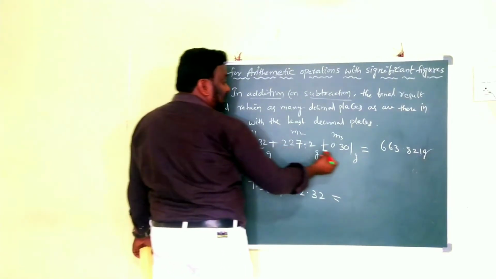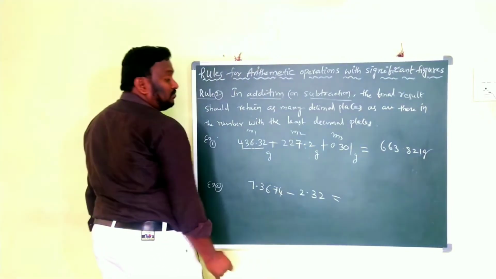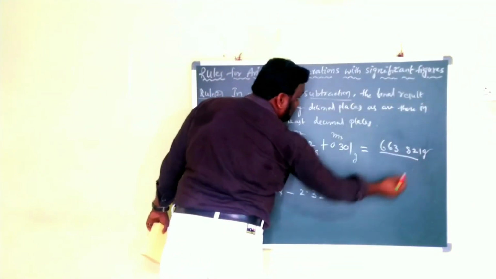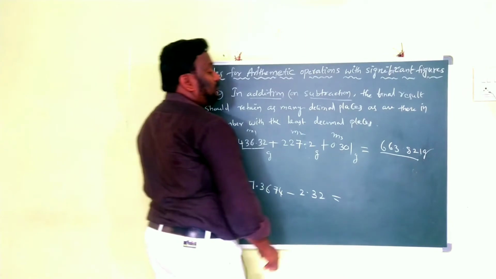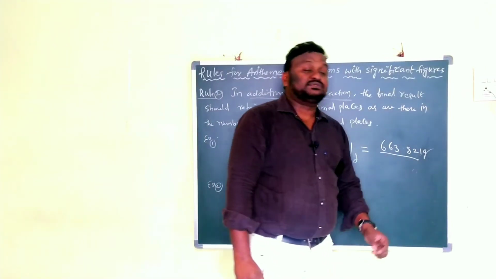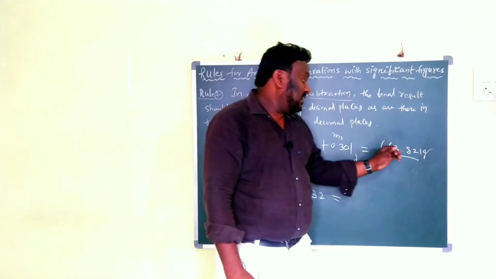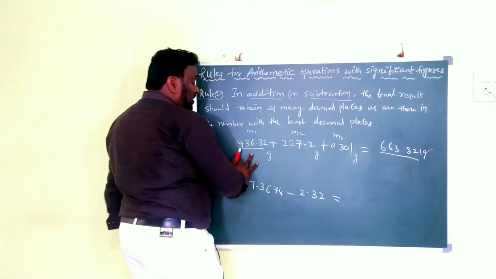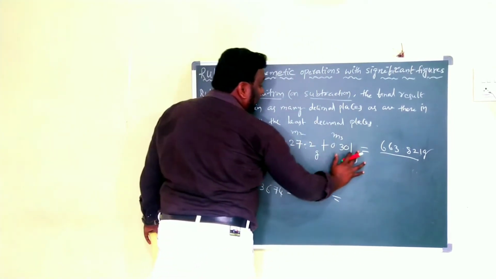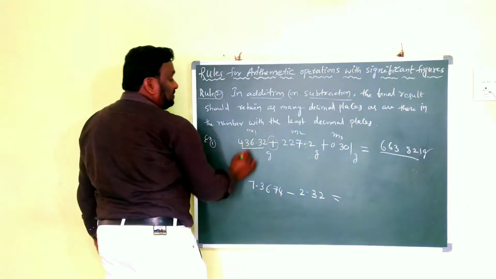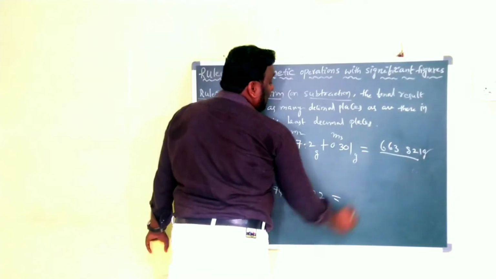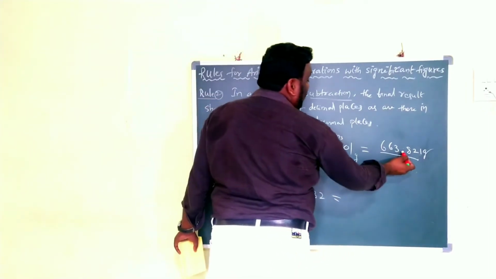While adding these three, we get one resultant mass, 663.821 grams. Here plus means addition: we add M1, M2, M3 and get the answer 663.821 grams.